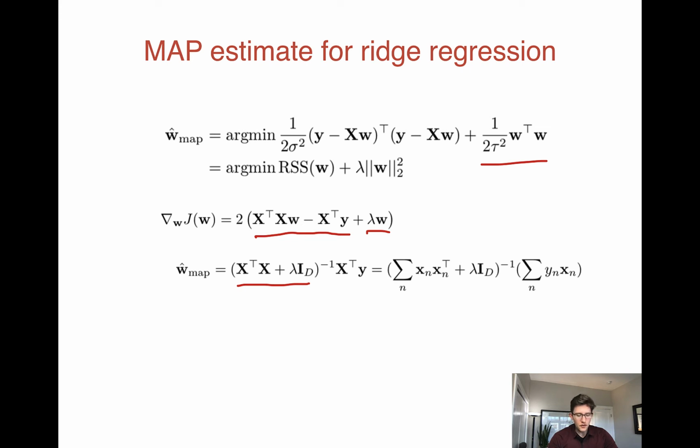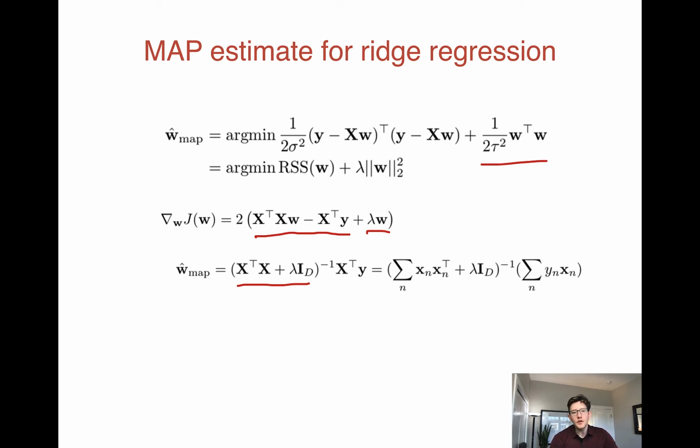So when we add this prior, we get this small, easy to understand modification to our MLE estimate. What we're doing now is we just additionally add to the diagonal of this matrix that we're about to take the inverse of, we give it a stronger diagonal. That's going to lead to us choosing smaller values for our W parameters.